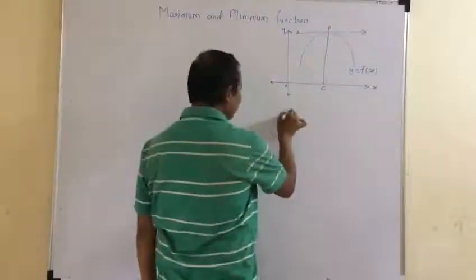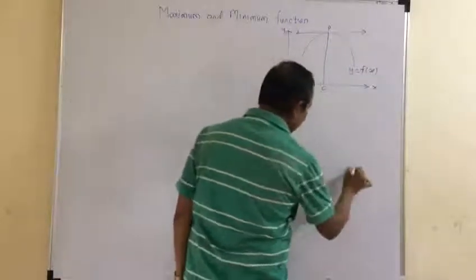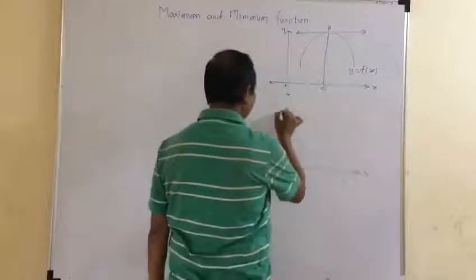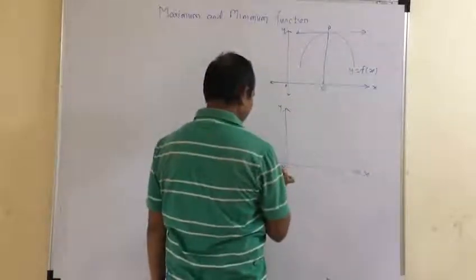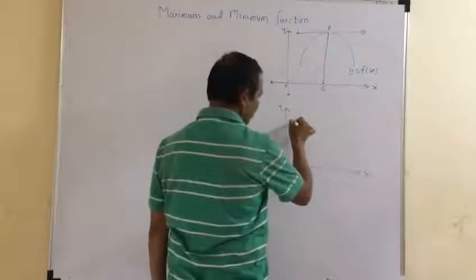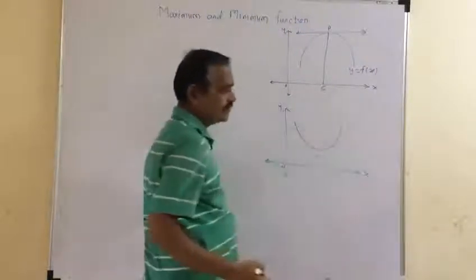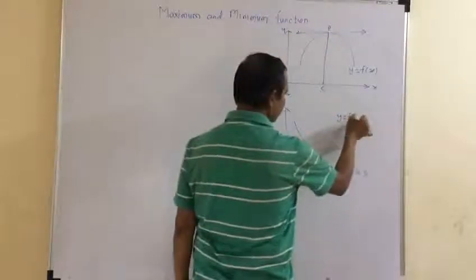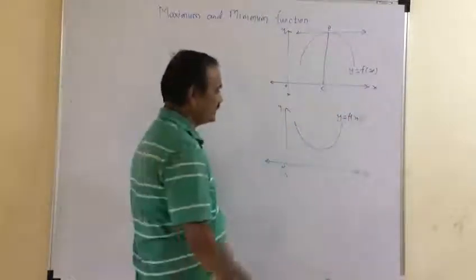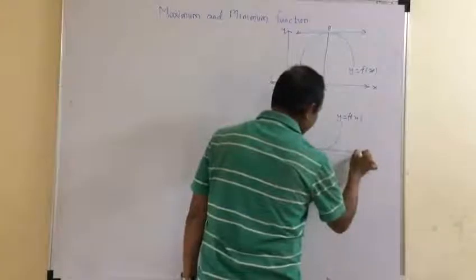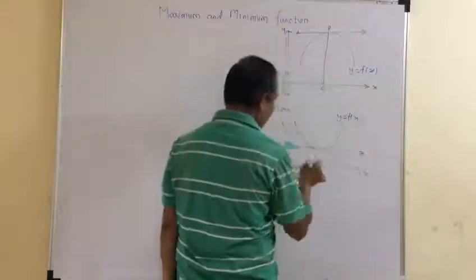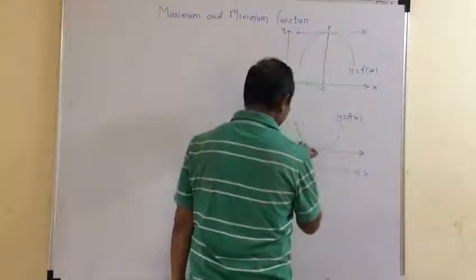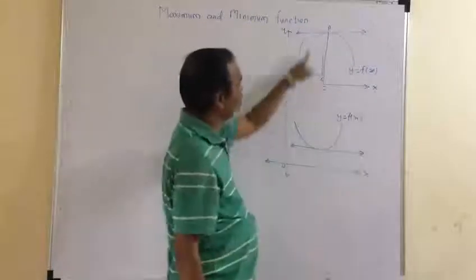Now for minimum, let's draw again with a graph. Now if this curve represents any function and this tangent is parallel to x-axis, like this.